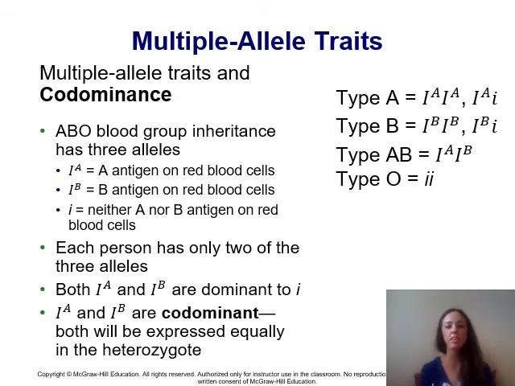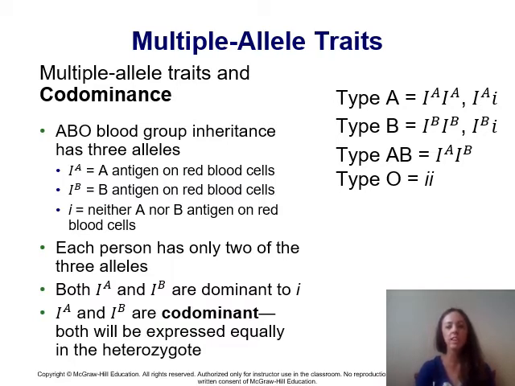Since Mendel's time, scientists have discovered that many traits actually have more than 2 possible alleles, and these are called multiple allele traits. Blood type is an example of this, as there are 3 possible alleles, A, B, and O. The A and B alleles are dominant, and the O allele is recessive.